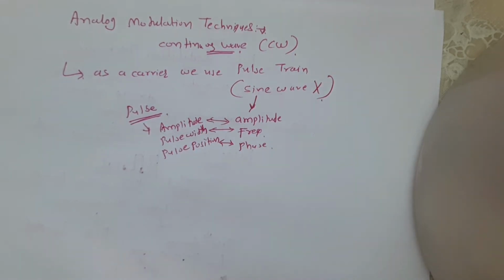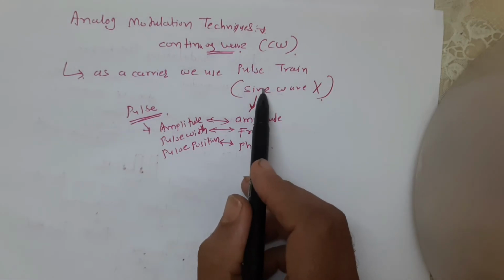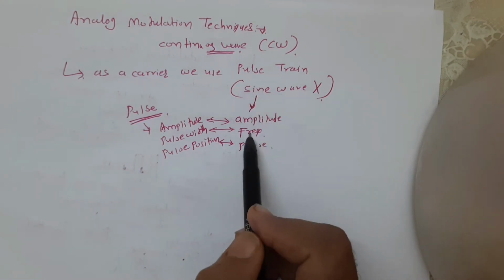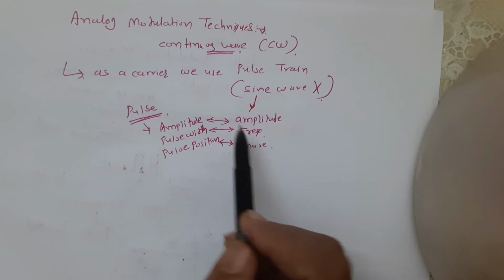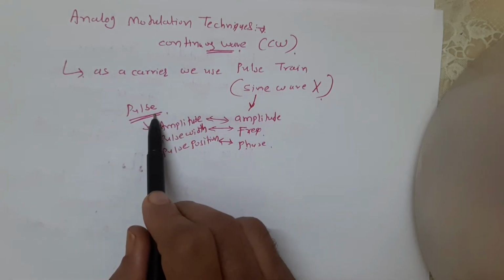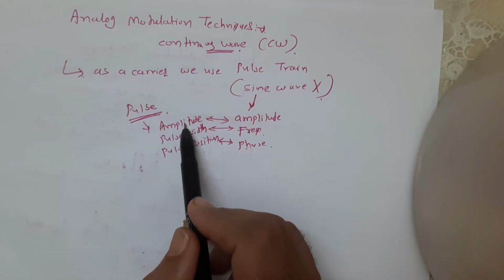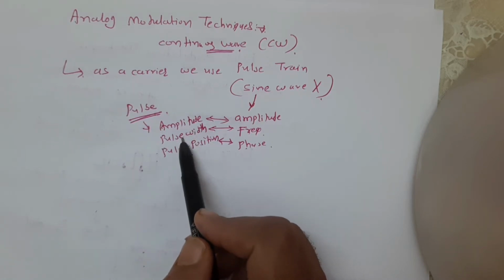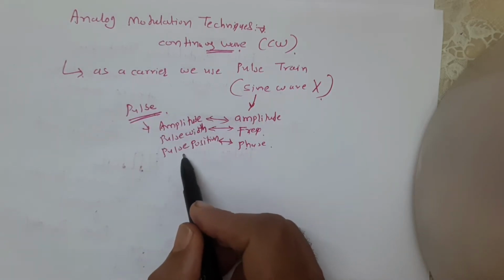In a sine wave, we change the amplitude, the frequency, the phase. But when we are using a pulse wave as a carrier signal, then we change the amplitude, the pulse width, the pulse position of the pulse.